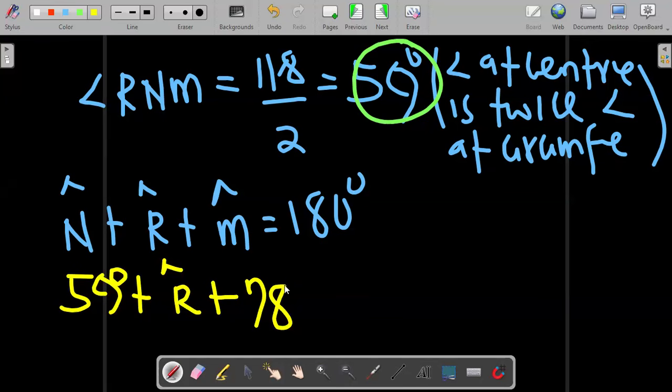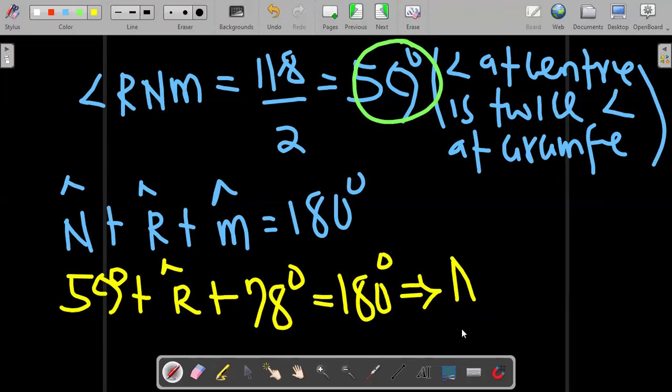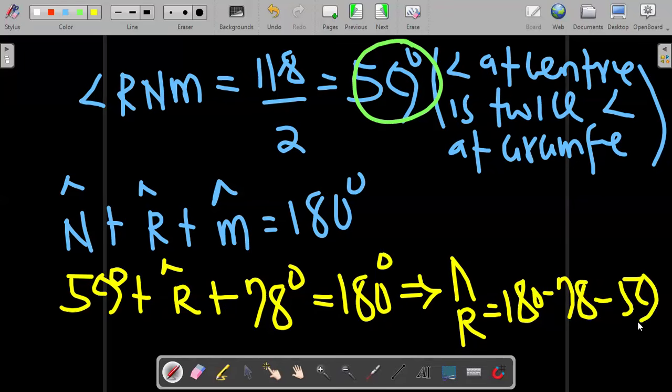Angle M we found earlier is 78, equal to 180. So angle R now will be 180 minus 78 minus 59. And R now is 43 degrees.